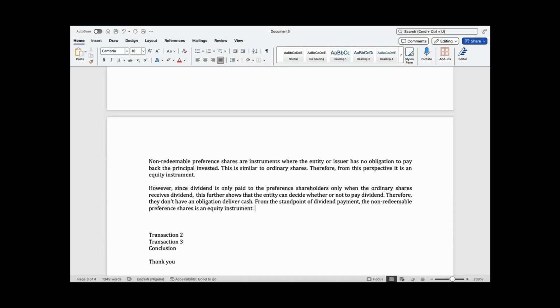Okay, so that's the solution to this. So the dividend will be treated as a deduction from retained earnings in the statement of changes in equity.